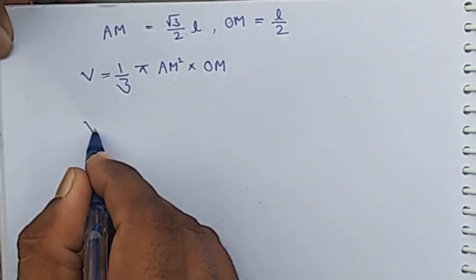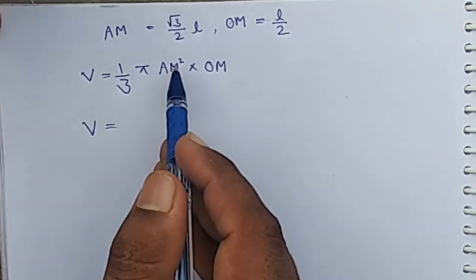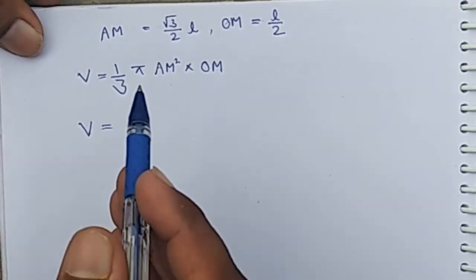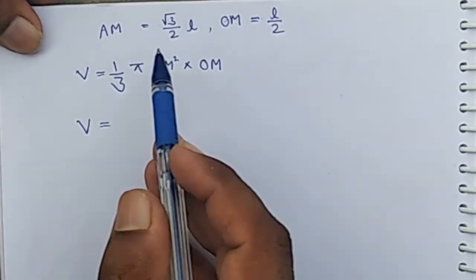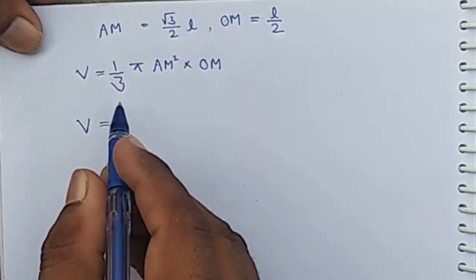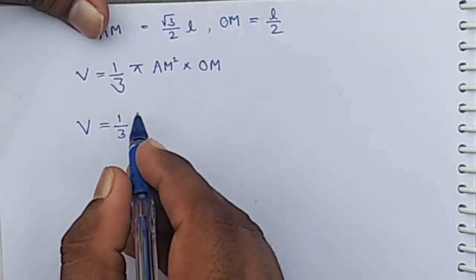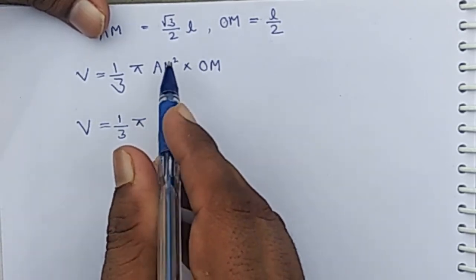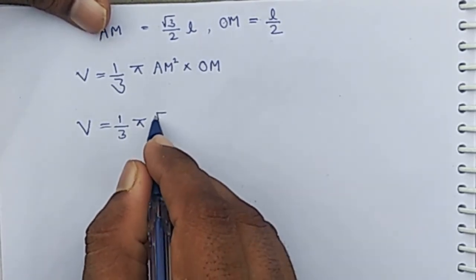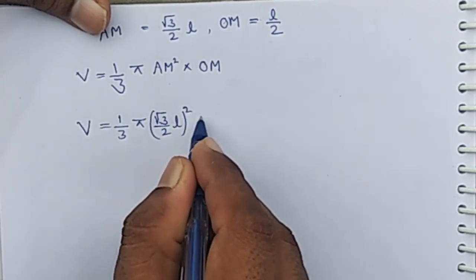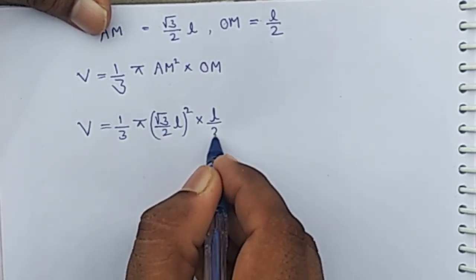We have V equal 1/3 pi r square h. Radius is AM and height is OM, and the values of AM and OM in terms of L are given. The value of AM is root 3 by 2 L, and the value of OM is L by 2.